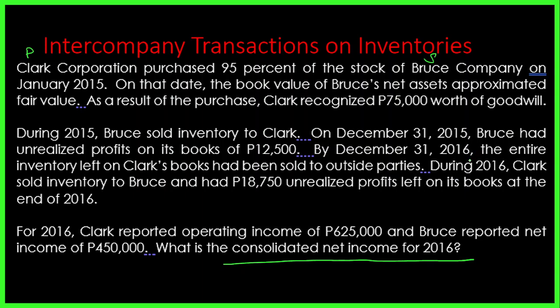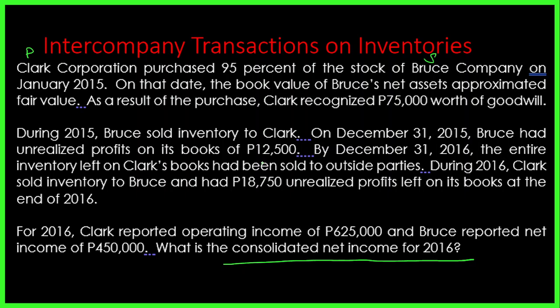Okay. So, let's continue. Bruce had unrealized profits on its books of 12,500. So this one is the unrealized profits as of the end of 2015, which means this is the unrealized profits as of the beginning of 2016.